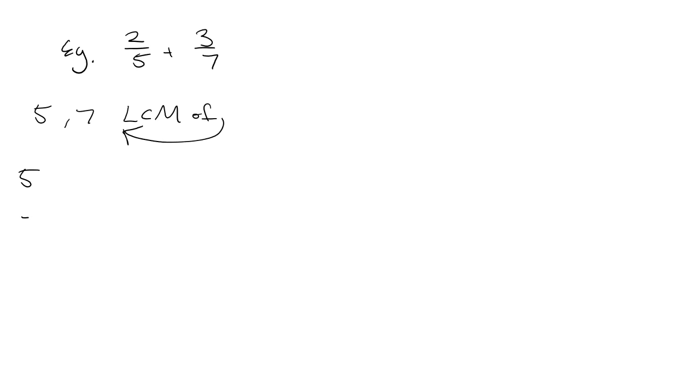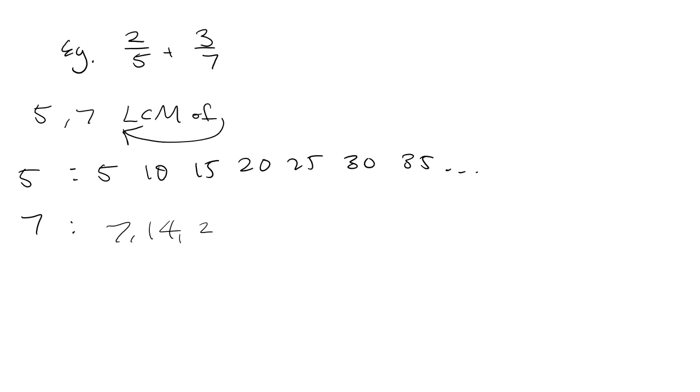Now we put 5, 7, and we write the multiples of 5 and 7 down. It'll be 5, 10, 15, 20, 25, 30, 35, and so on. 7 would be 7, 14, 21, 28, and 35, and so on. You can see how the smallest common number to both lists is 35.